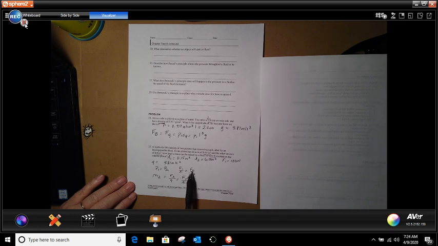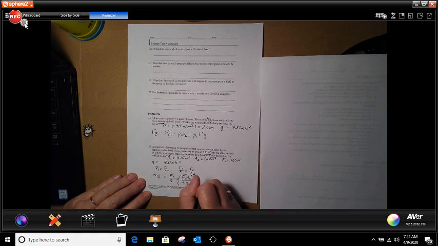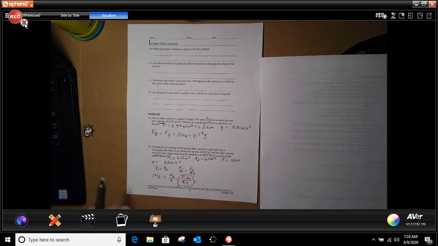F1 over A1 equals F2 over A2. And M2 equals F2 over g, and F1 times A2 divided by A1 divided by g. This here is the equation that you're going to put in, so you'll just take the answers at the top.